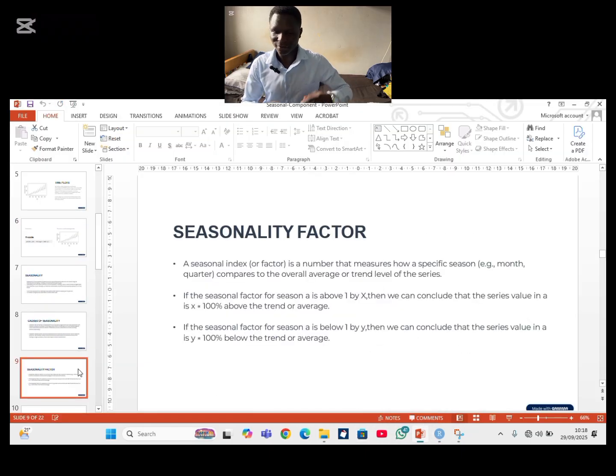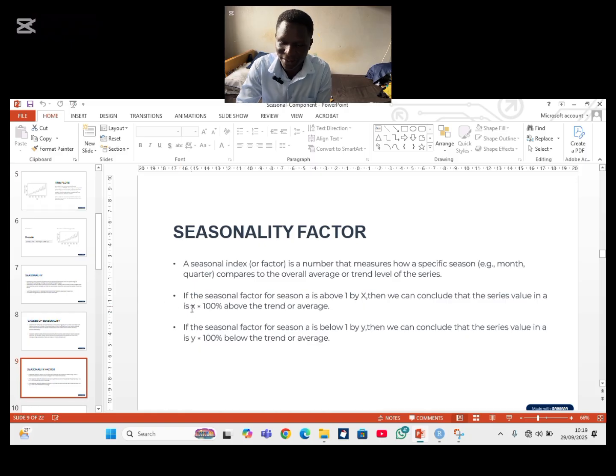Just to give you a clear interpretation, it's here. If the seasonality factor for a season is above 1 by x, then we can conclude that the series value is x times 100% above the trend or average. If the seasonal factor for the season is below 1 by y, then we conclude that this x and y, this is the difference we have already got, right?